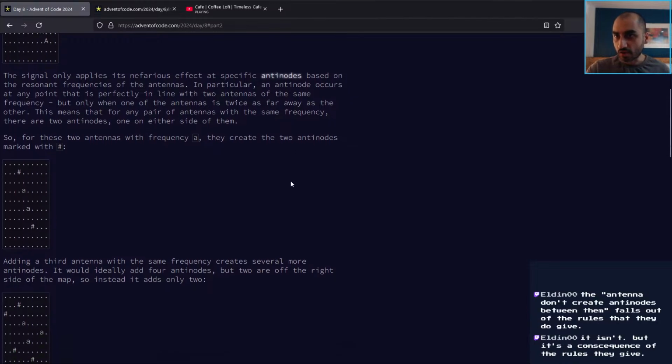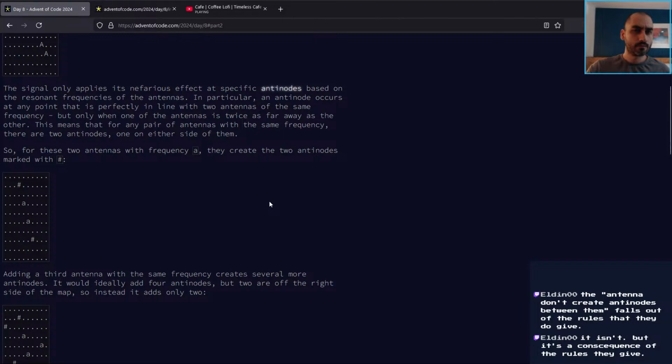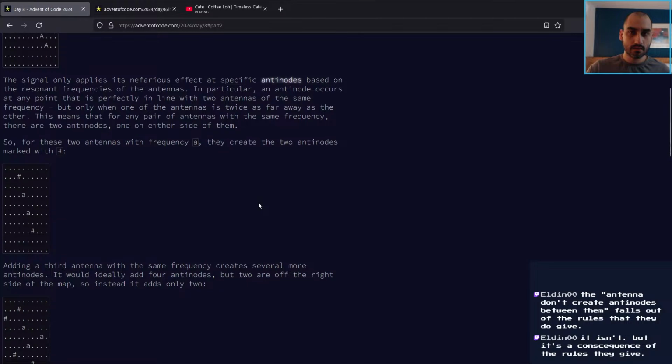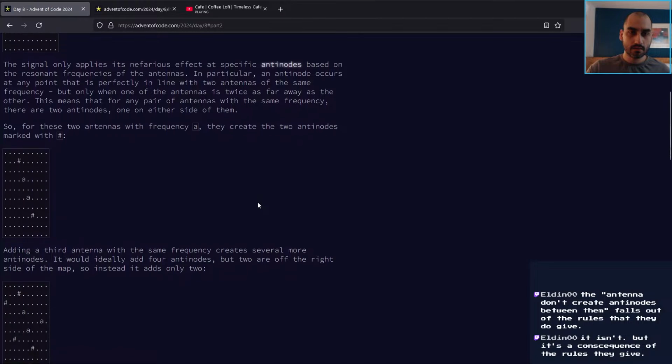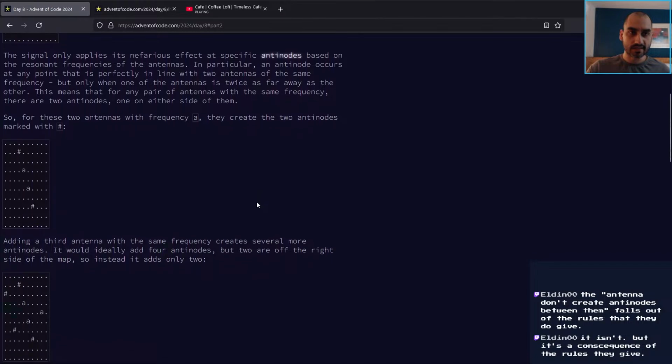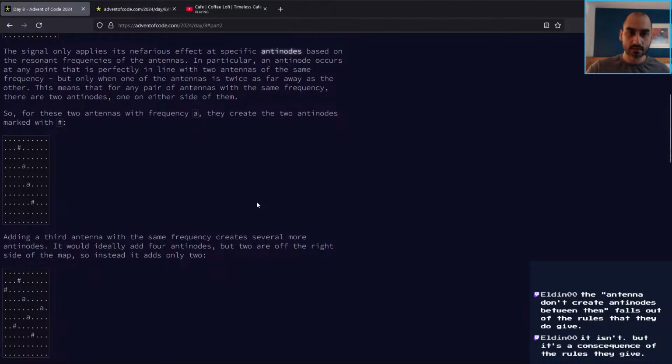It isn't, but it's a consequence of the rules. Is it? I've not seen anything in the rules which would imply that. At least I don't see why that would be the case.